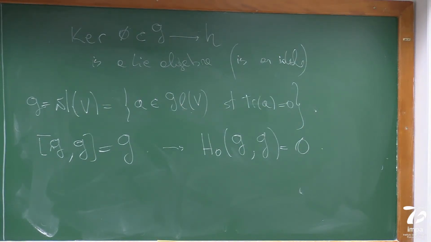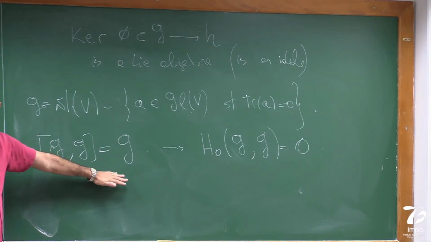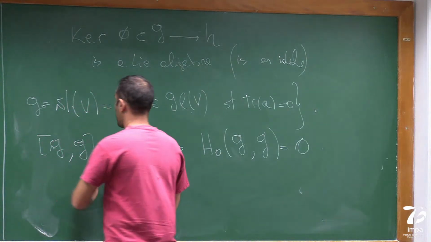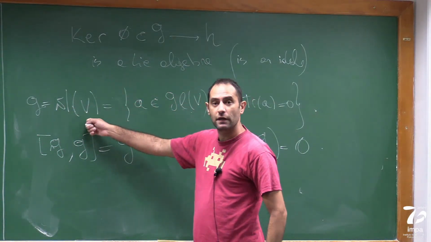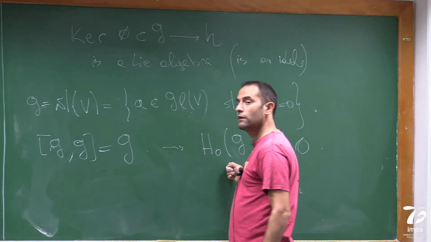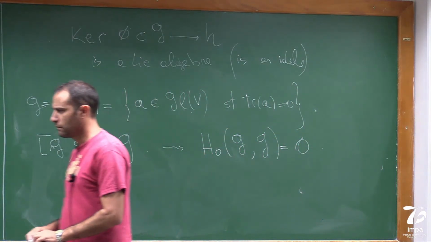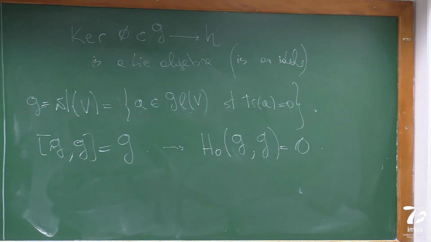And for a semi-simple Lie algebra, for a perfect Lie algebra, Lie algebras satisfying this are called perfect. For a Lie algebra like SLV, you get 0 for the 0th homology. You can check that for GL, you're going to get the same. So H0 measures how far away you are from being commutative on a Lie algebra.